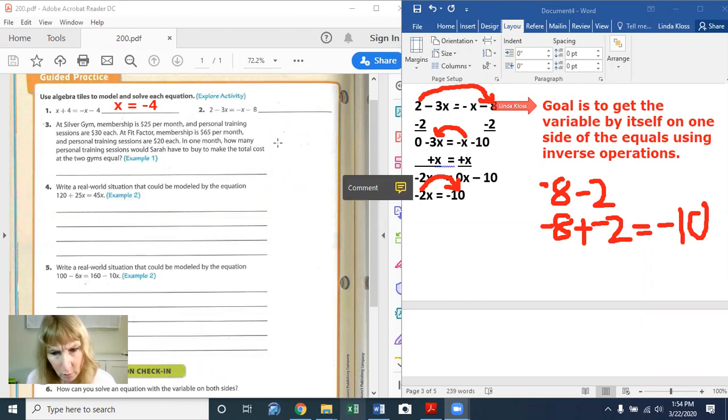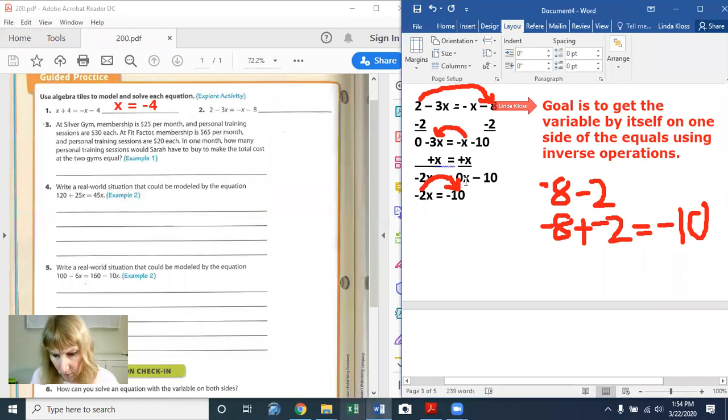So we are going to use division, which is the opposite of multiplication, and divide both sides by negative 2. A little line under there so that you can see it's division. And negative 2 divided by negative 2 is going to be a positive 1x, or just x, equals a negative 10 divided by a negative 2 is going to be a positive 5. So that is my answer.